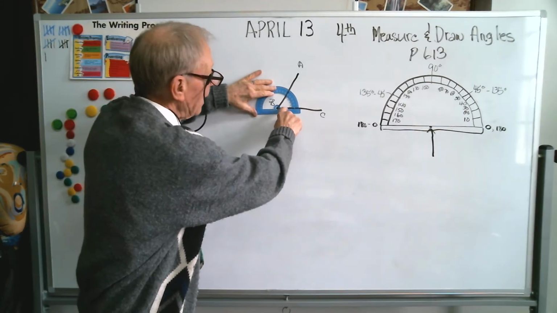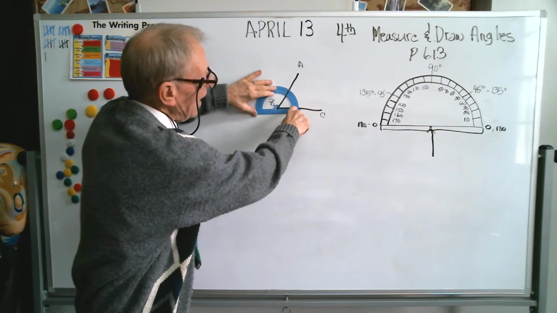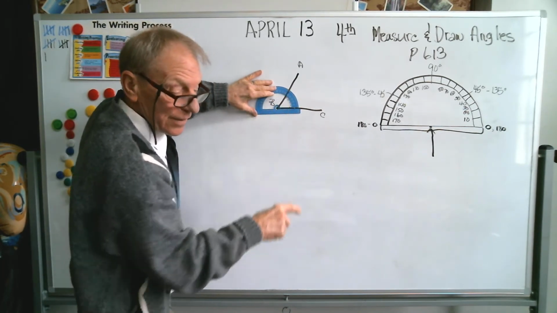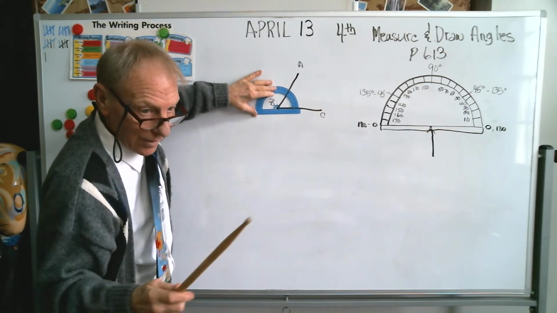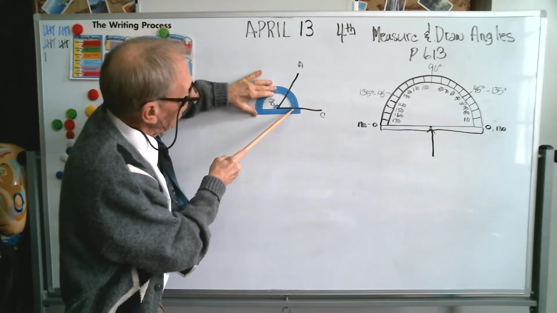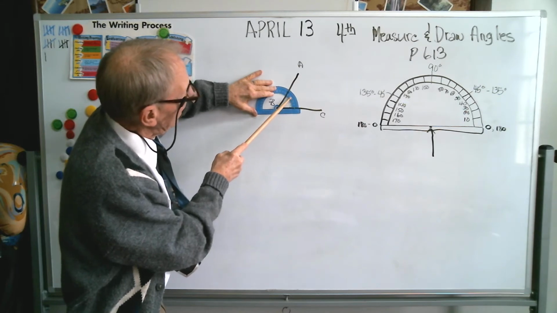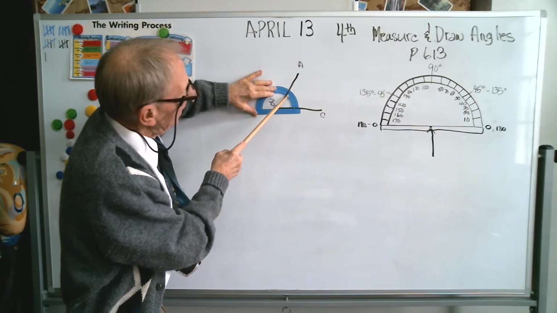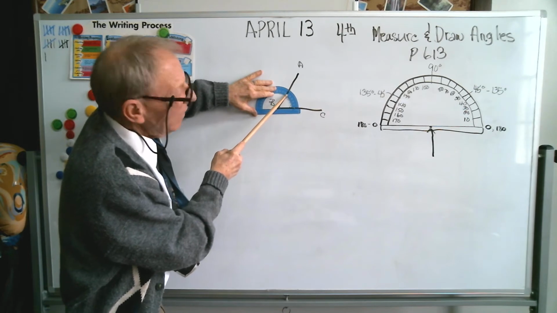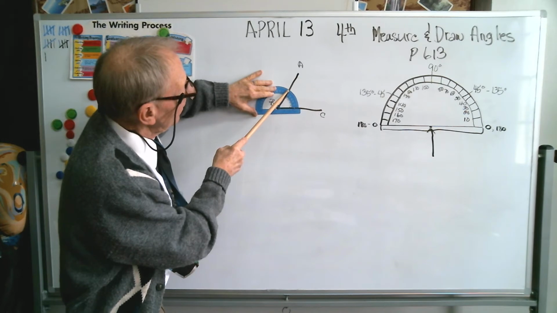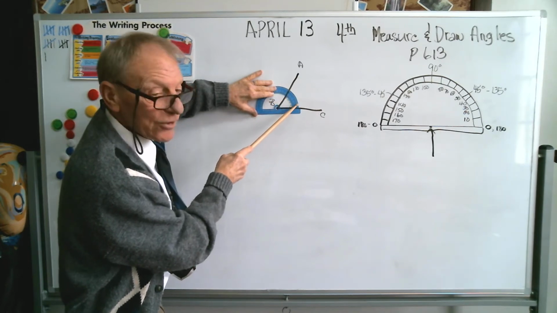I make sure I'm on a straight line with the straight line that goes through the 0. And then I come up the measurement of the protractor, and it goes from 0 to 10 to 20 to 30 to 40 to 50. And it's right between 50 and 60.